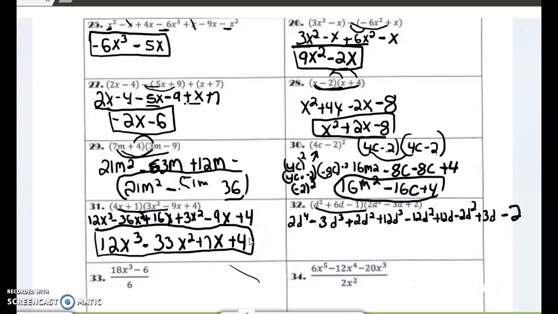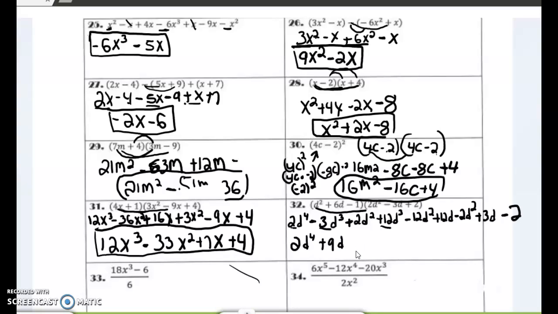Alright, let's go ahead and combine this. So we get a 2d to the fourth. There was only one of those. We got a negative 3d cubed. We got a positive 12d cubed. So what's that? Positive 9d cubed. Now let's look at the squareds.